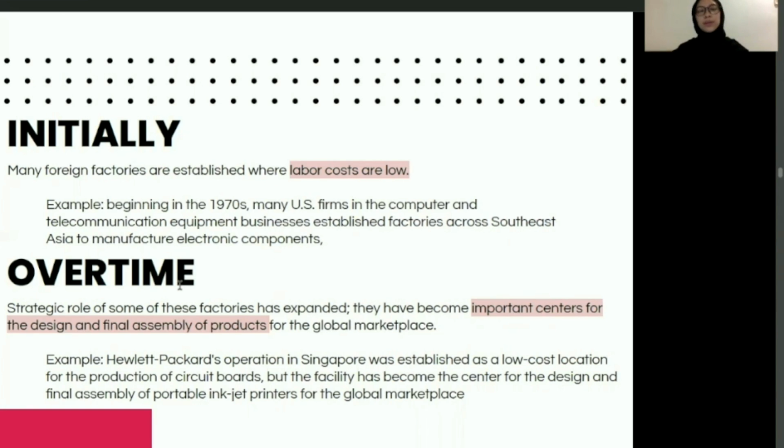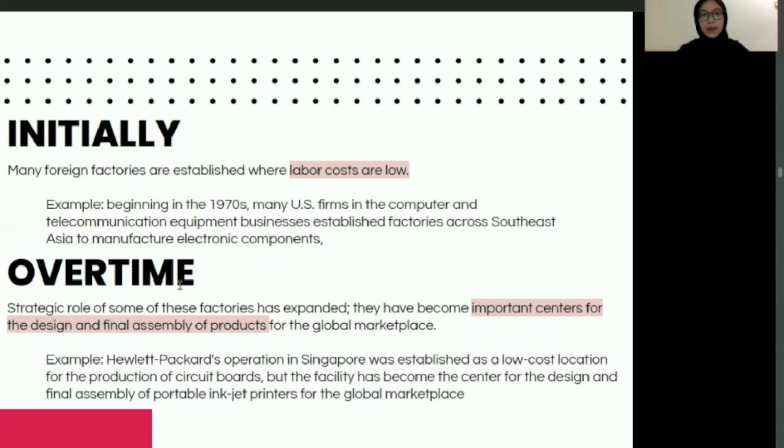For example, in the beginning of the 1970s, many U.S. firms in the computer and telecommunication equipment businesses established factories across Southeast Asia to manufacture electronic components, such as circuit boards and semiconductors, at the lowest possible cost. They located their factories in countries such as Malaysia, Thailand, and Singapore because these countries offered an attractive combination of low labor costs and adequate infrastructure.